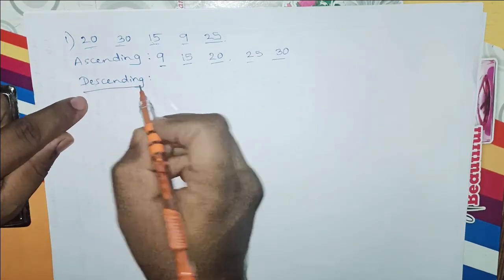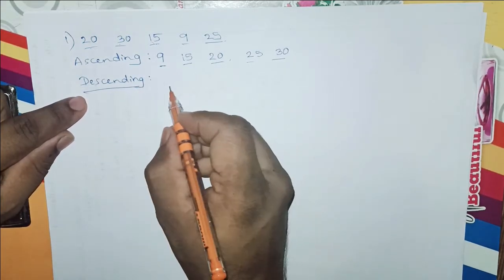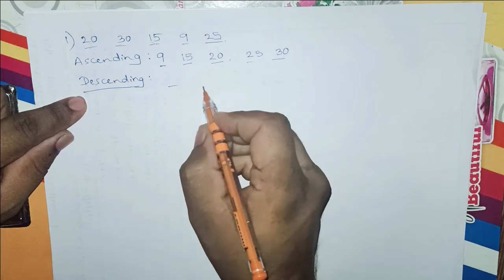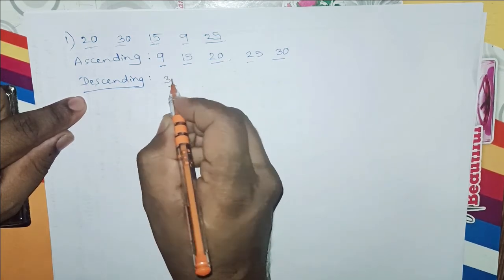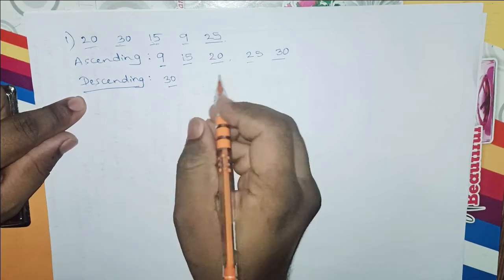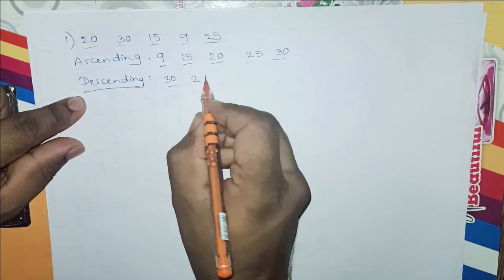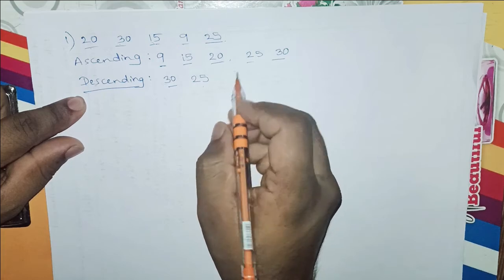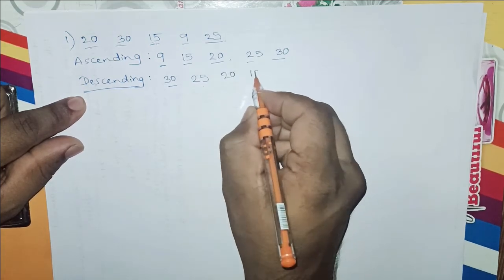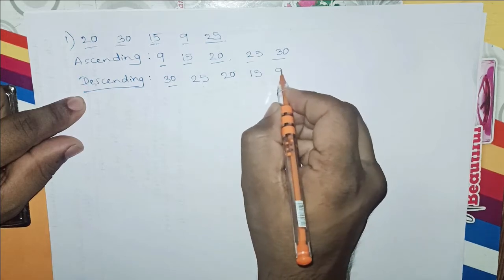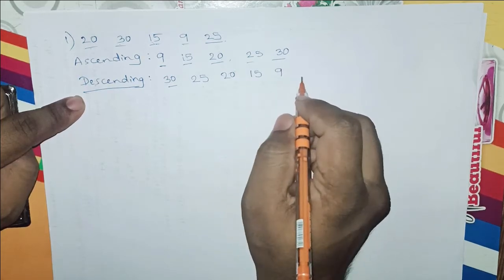Okay, to write the descending, you follow the rule: first you write the biggest one, then the second biggest, like that. Which is the first biggest number? 30. Then 25 is the second one, then 20, then 15, and lastly 9, which is the smallest one, right?